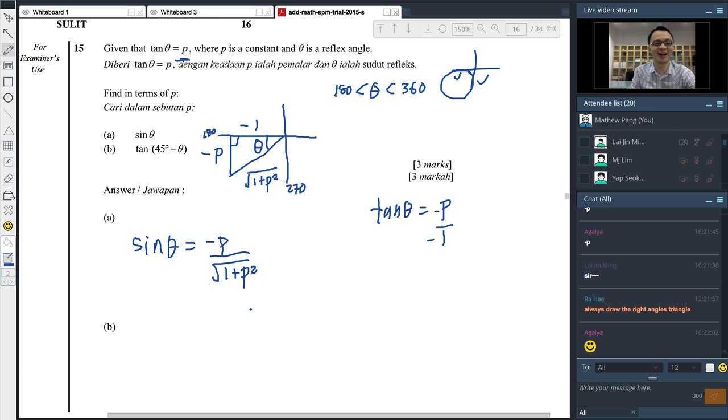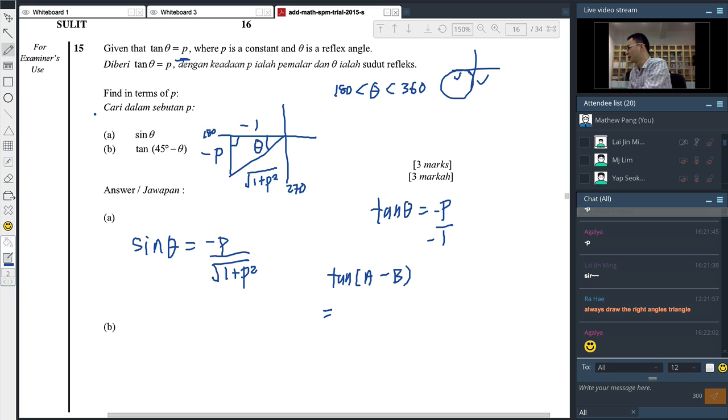Anyways, we come back to the tangent formula. So we know something like the tangent A minus B formula, right? What is the formula? I kind of forget because I have not taught SPM trigo for so long.